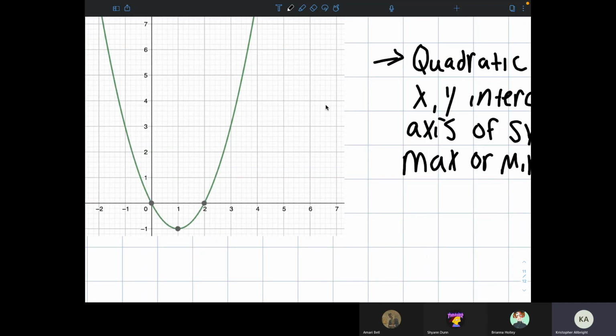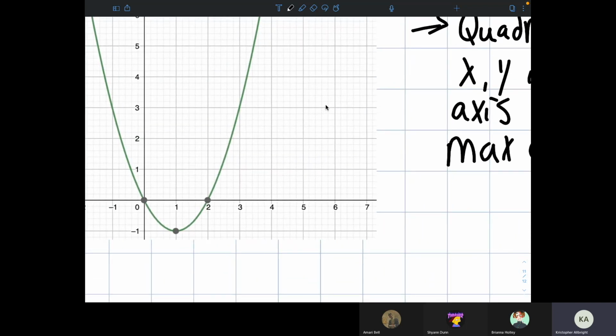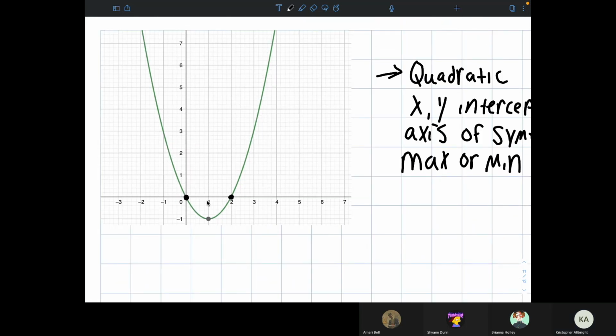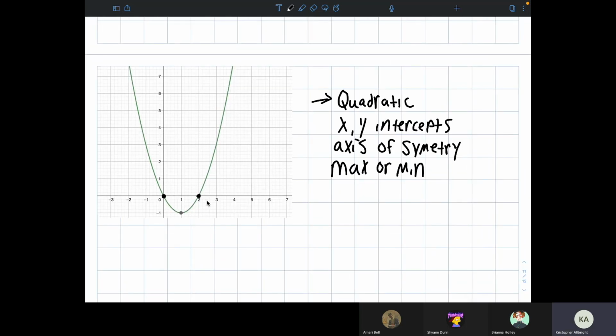If we look at it, we say, okay, it crosses the x-axis right here, and it crosses the y-axis right here. And then it crosses the x-axis again right there. So let's write those points out.